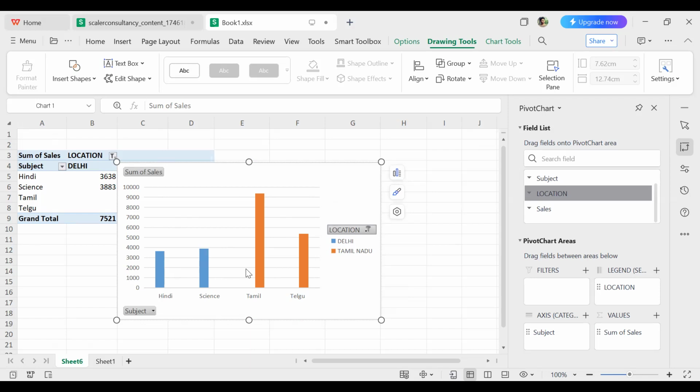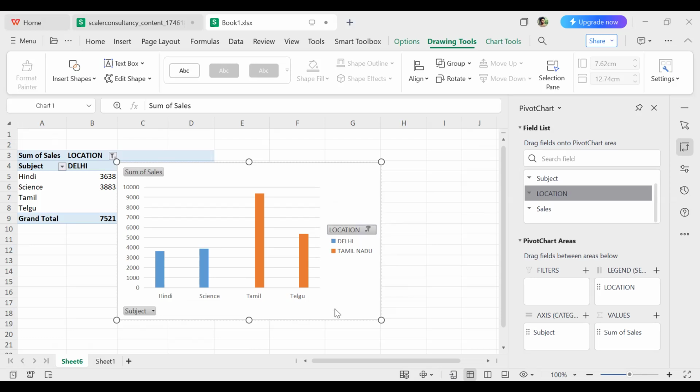In Delhi there are two subjects, Hindi and Science, and in Tamil Nadu there are two subjects, Tamil and Telugu. This is the main use of the pivot table: in a particular location, what kind of subjects are available and what is the total sum of sales of that subject.